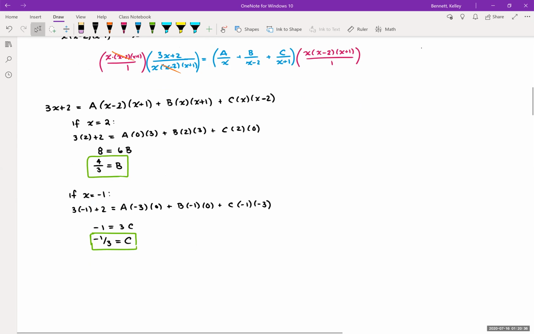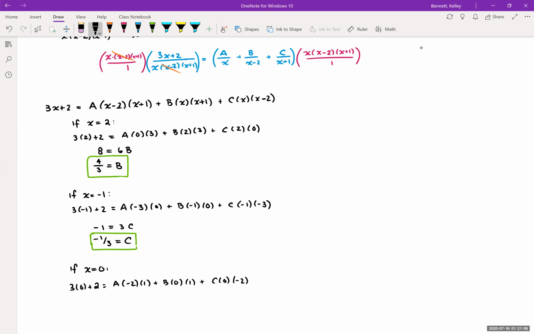My next and final and possibly the most convenient killer x to use is 0. So if x is 0, then I get 3 times 0 plus 2 equals a times -2 times 1 plus all this stuff, having so much fun.